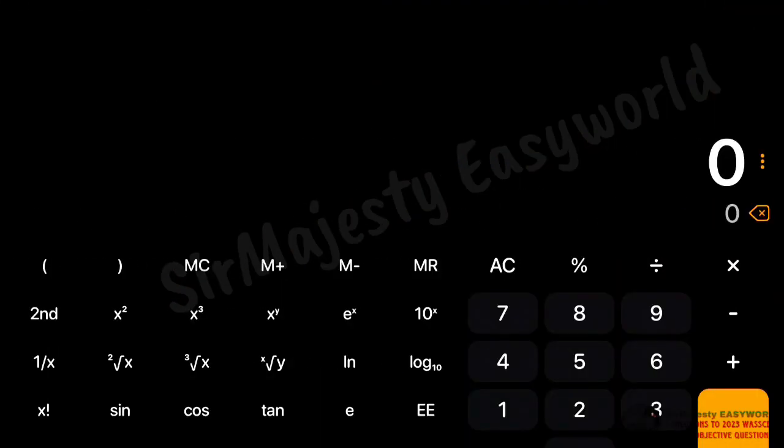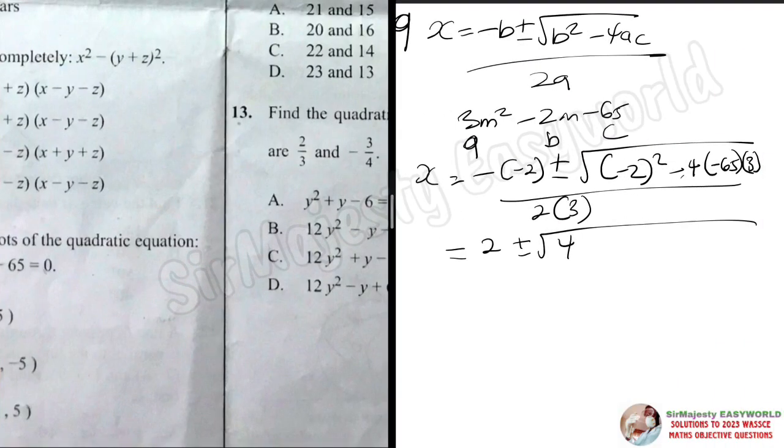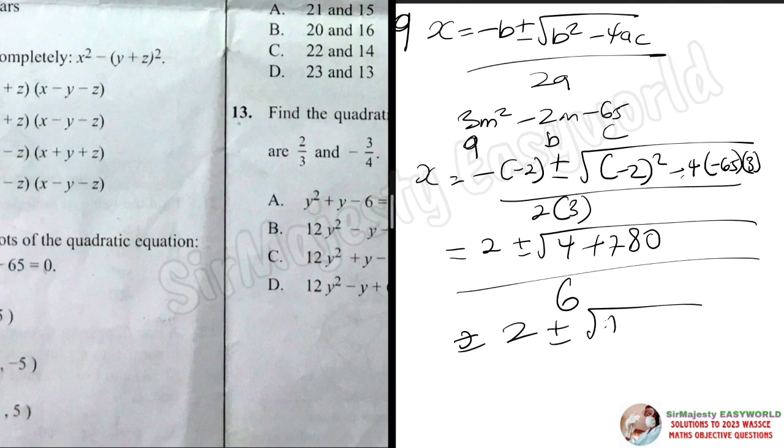Let's solve that. Minus times minus will give us plus. So that's 780 plus 4, divided by 6. So this will be equal to 2 plus or minus root of 784 divided by 6.